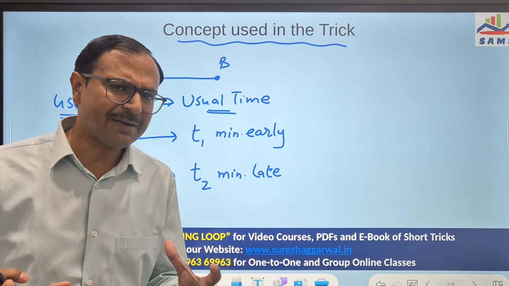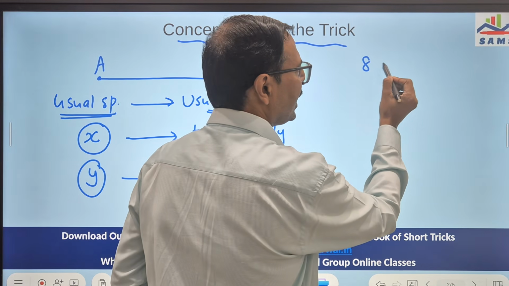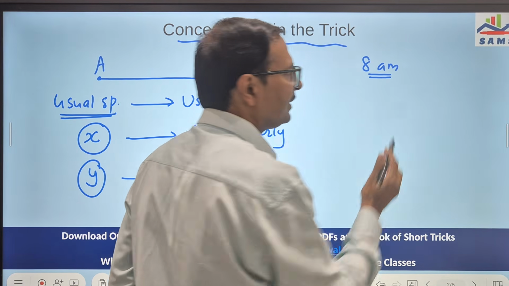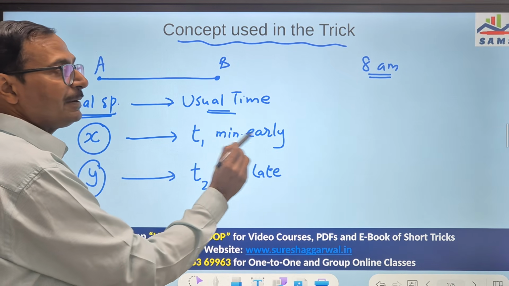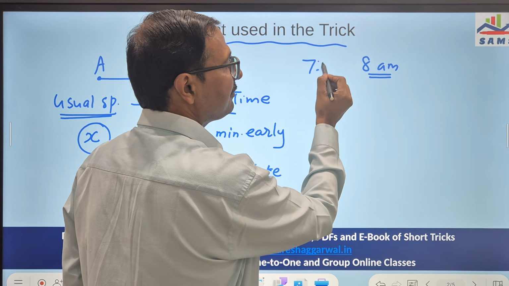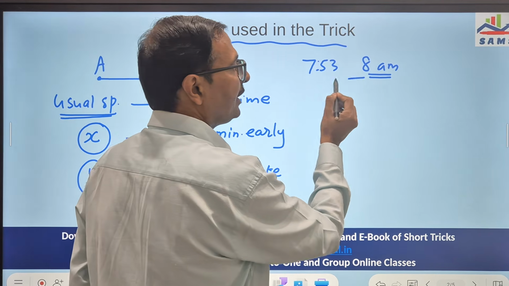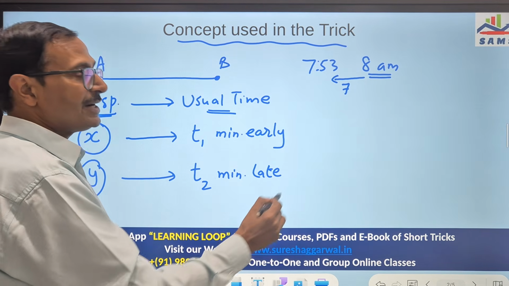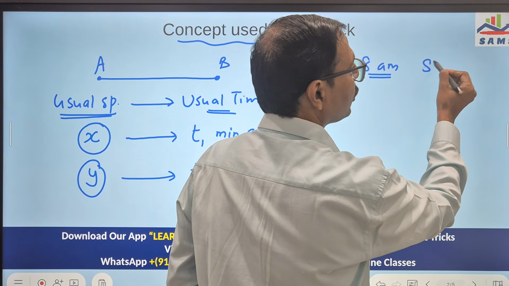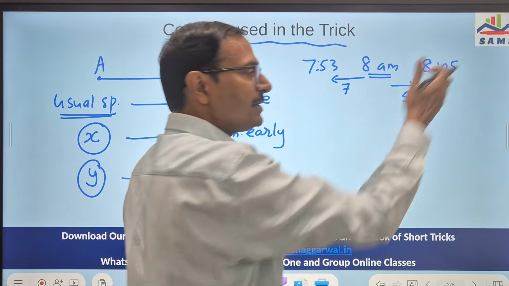I'll take a very simple example. Suppose the usual time is 8 am, so I have to reach at 8 am. Now if I reach t1 minutes early, say at 7:53 am, I reached 7 minutes early. Likewise, t2 minutes late would be like 8:05, which is 5 minutes late.